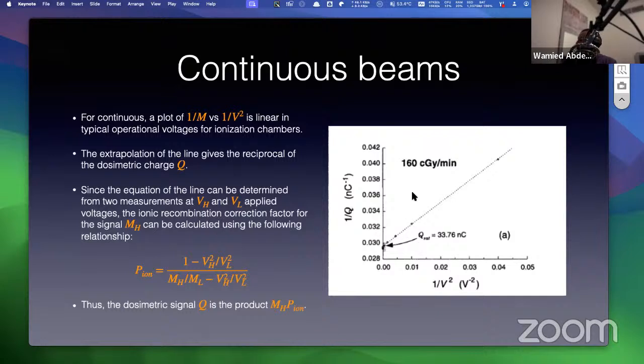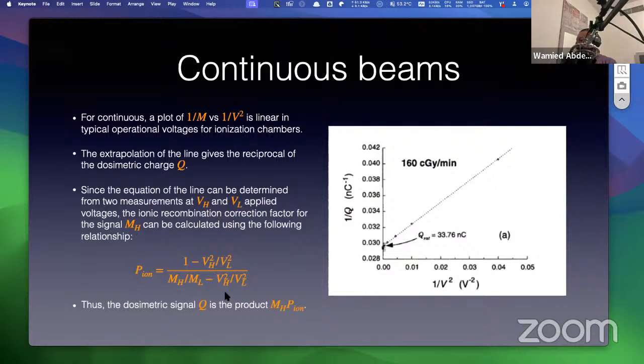Or if instead we want to use the two voltage technique, we can do that. But often the practice is that we use one signal and calculate a correction factor for it. So that's often what's in protocols. So again, what we need to do is to measure a signal at a high voltage and another signal at a low voltage. And then we are going to use the signal MH as our measured signal and apply to this signal at the high voltage a correction factor.